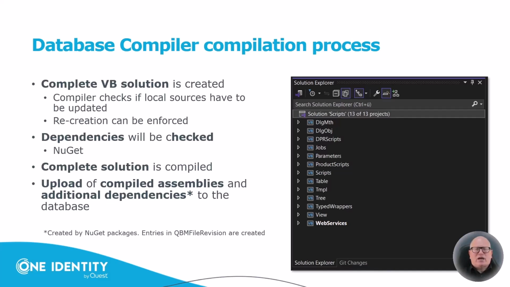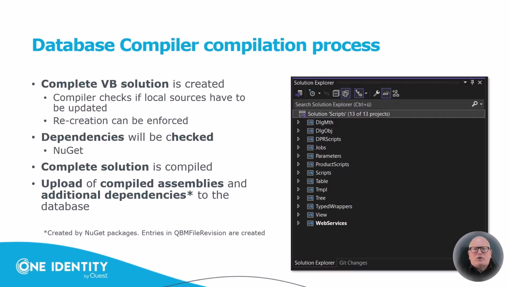That is just to handle all of these different prerequisites so that the compiler can download the right NuGet packages so that a compilation can completely happen. The complete solution is compiled, in difference to before, where we only compiled parts of it, depending on your configuration. And that is, by the way, the reason why we don't have all these compilation options that we had before.